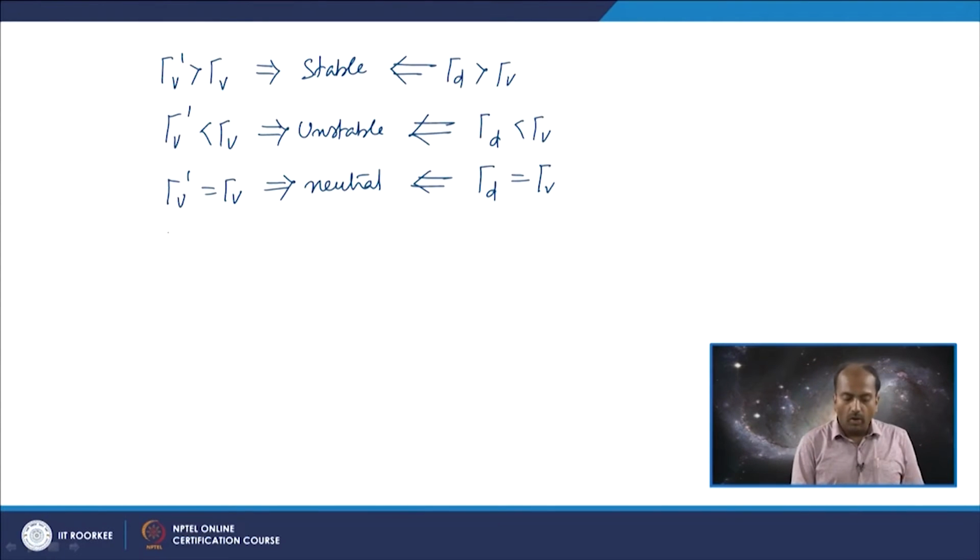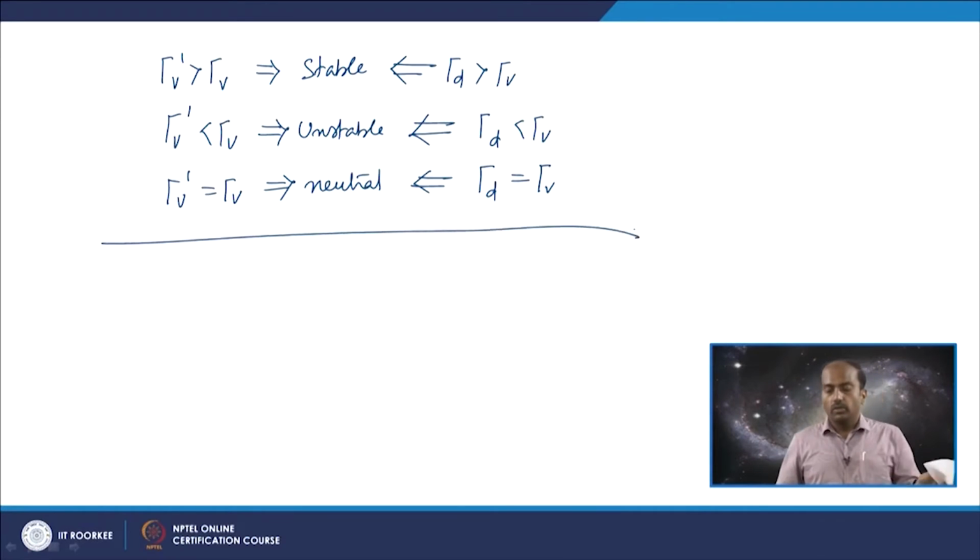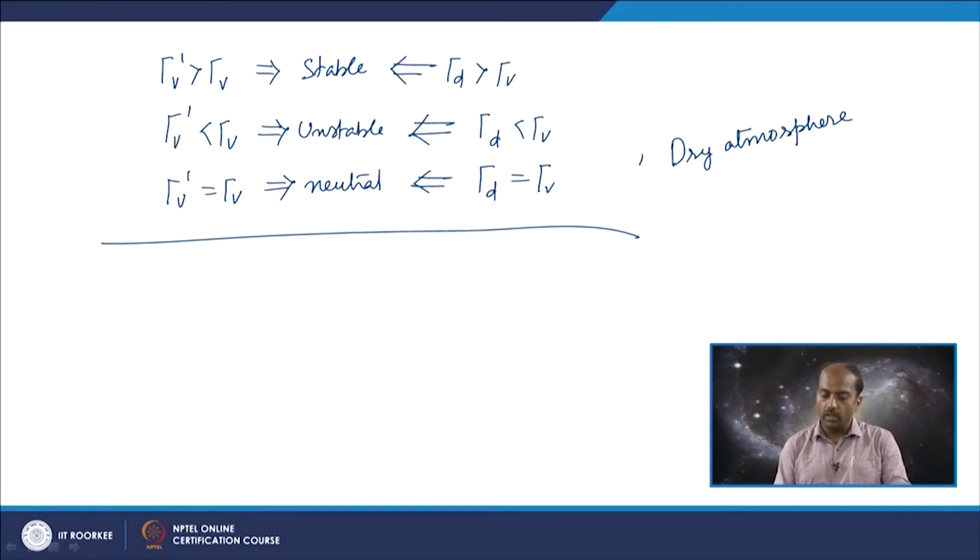How long is this going to be true? This is true when you take a completely dry atmosphere, devoid of any moisture, right. If you include the moisture, then these parameters will not be able to tell you whether the atmosphere is stable or unstable. So, one more most important thing is that it is valid only for the dry atmosphere and not valid for moisture, right.